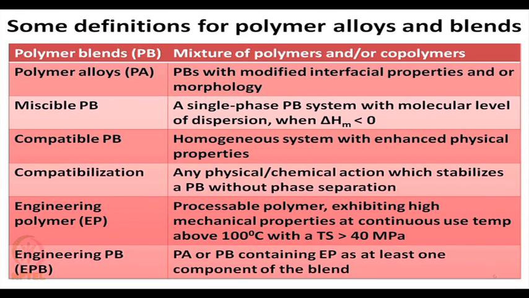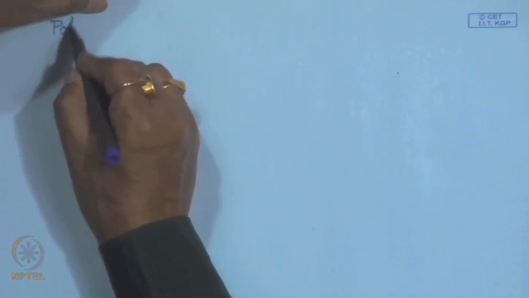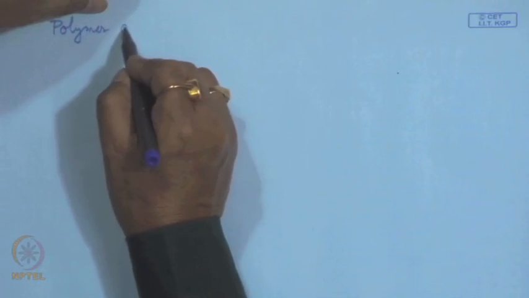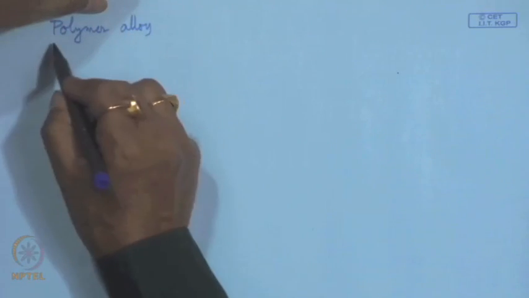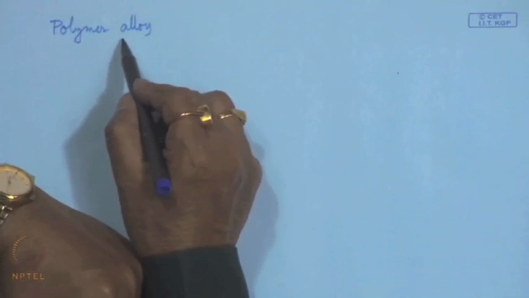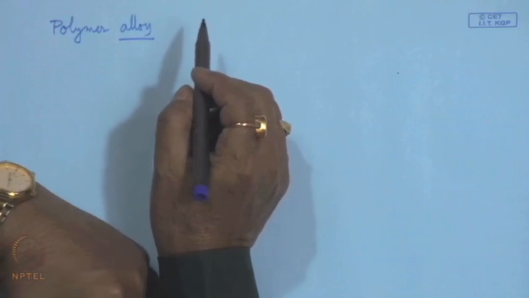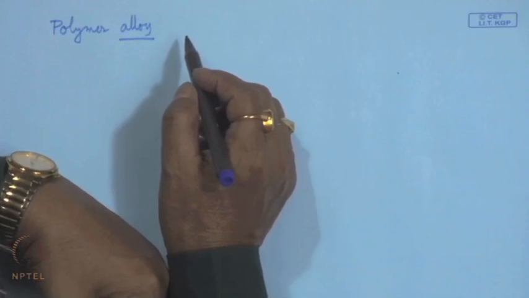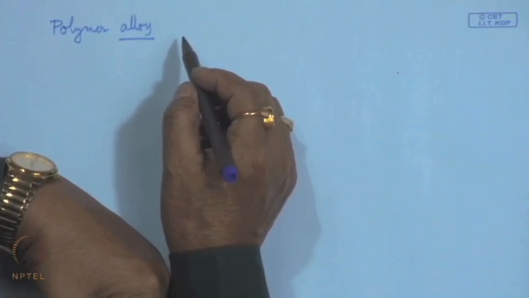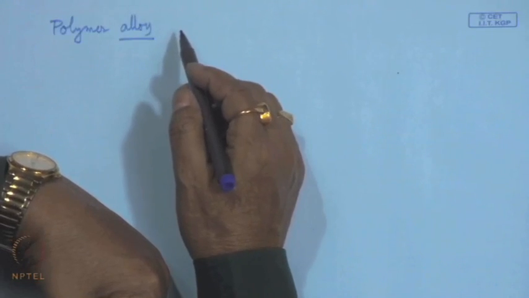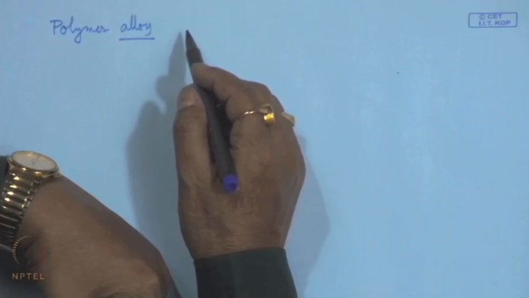Sometimes we hear polymer alloy. Now, this terminology alloy is used in the case of metal alloys. Metals and alloys means a solid solution of one metal in another metal.